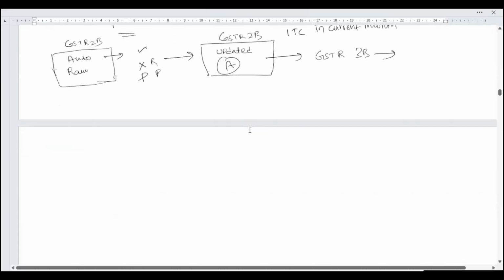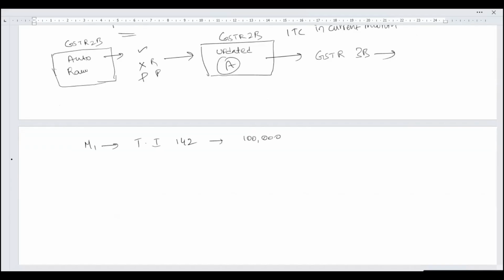I'll explain that. Assuming for a moment, in month 1, I gave a tax invoice, say invoice number 142, with taxable value 1 lakh and GST 18,000, total 1,18,000.